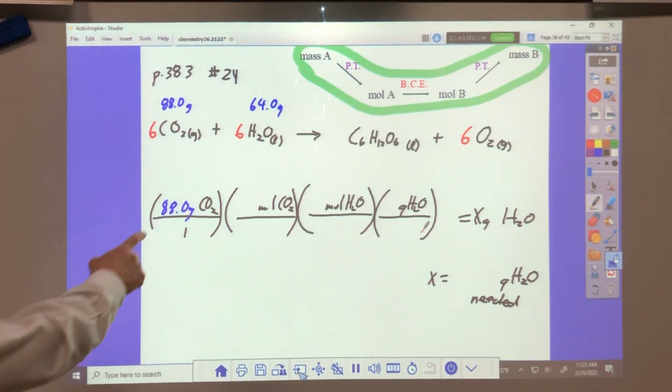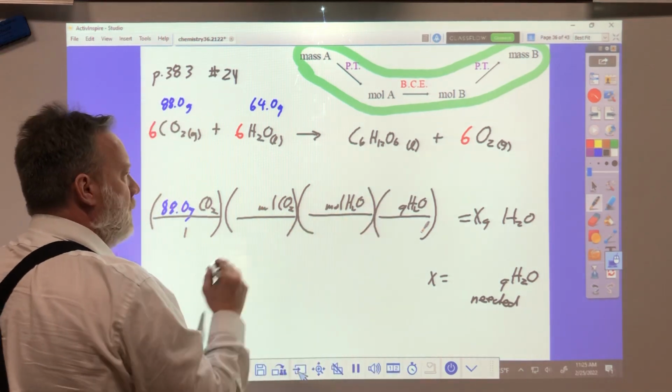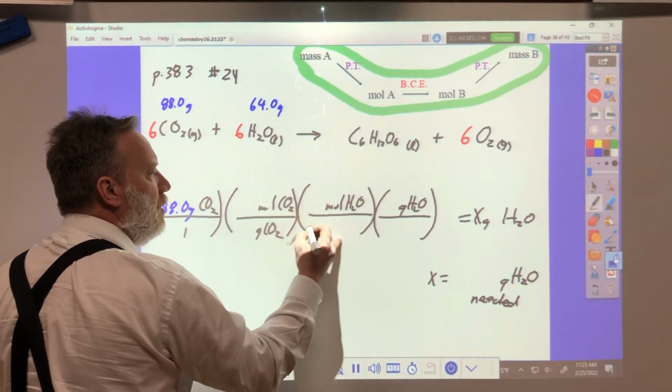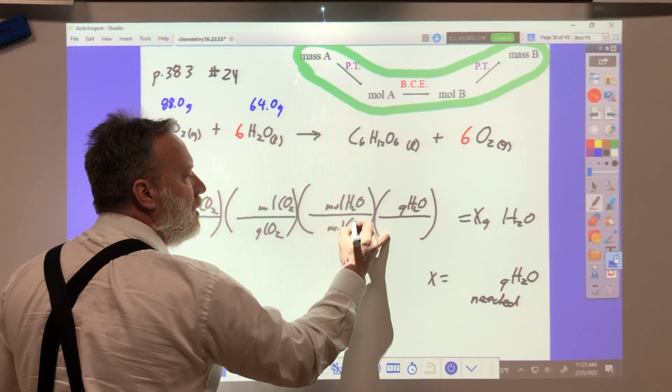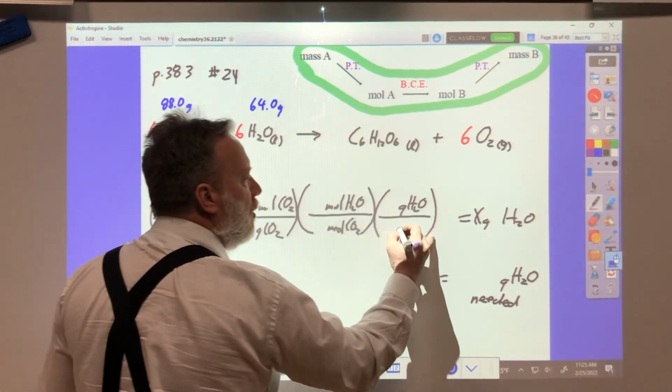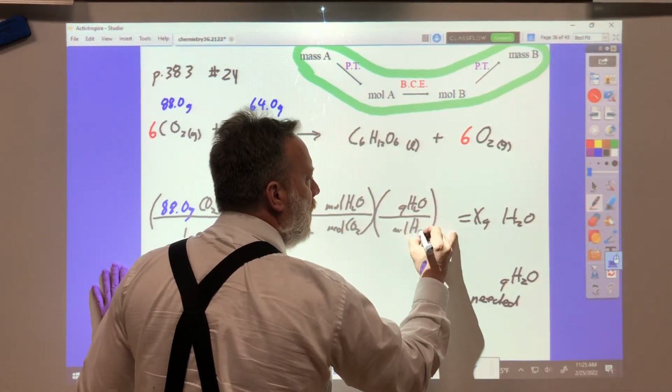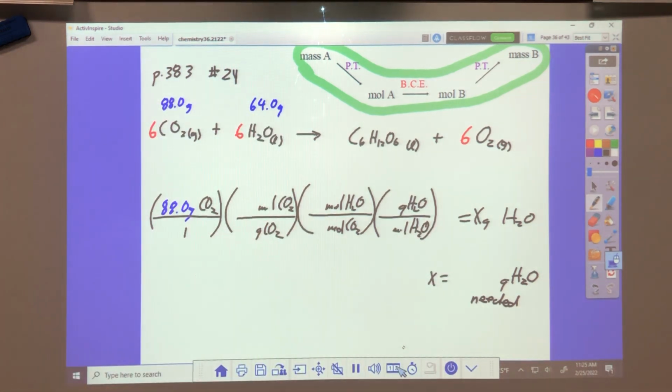And this goes here, this goes here, this goes here. So grams CO2, moles CO2, moles H2O.